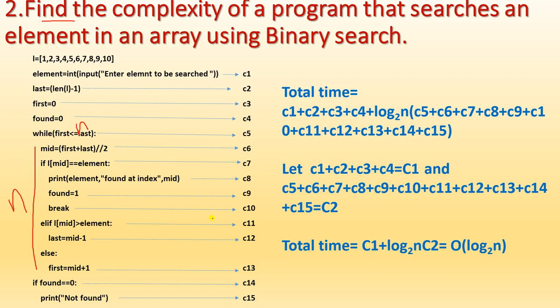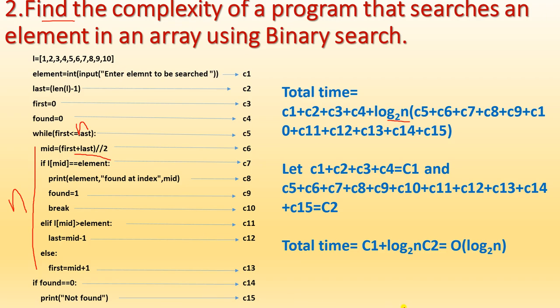So if you see that in binary search, when any number is divided by 2, then the complexity is log 2n. So this will multiply with log 2n. Now when you solve this, I am just assuming that C1, C2, C3, C4 are the C1 constant, and C5 to C15 is the C2 constant.